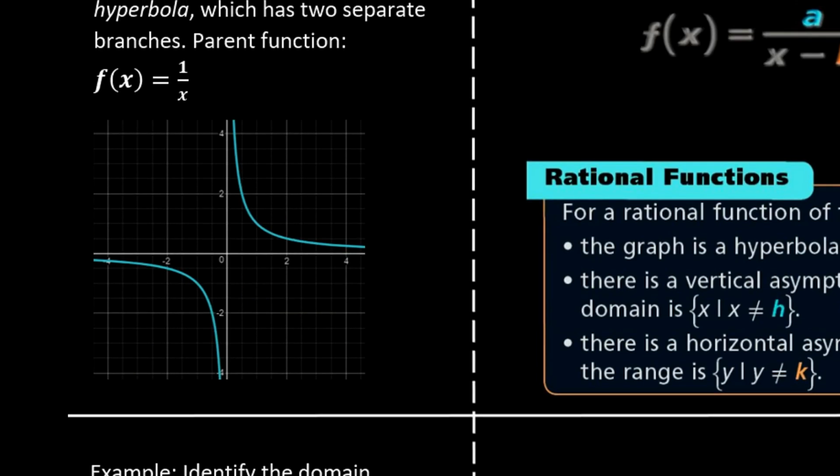Now, asymptotes are normally drawn with dotted lines. So there is an asymptote here, and there is also an asymptote here. What is special about these asymptotes? What does the graph not do? It never touches them. That is what makes an asymptote an asymptote.